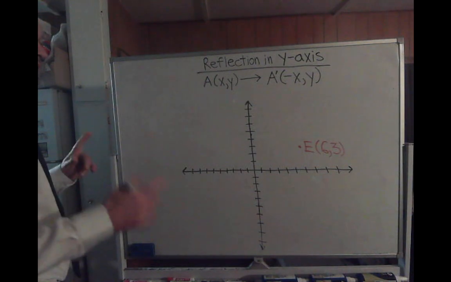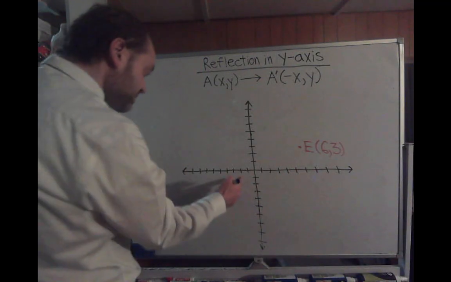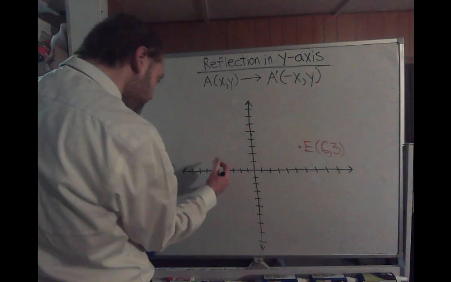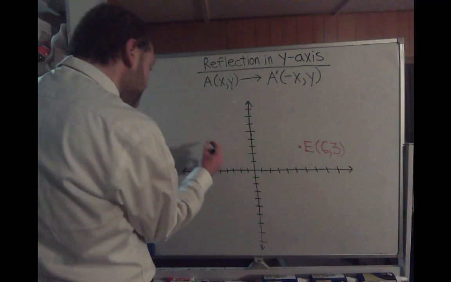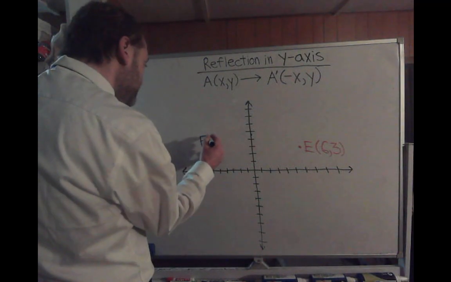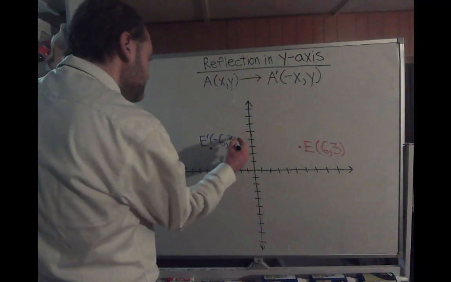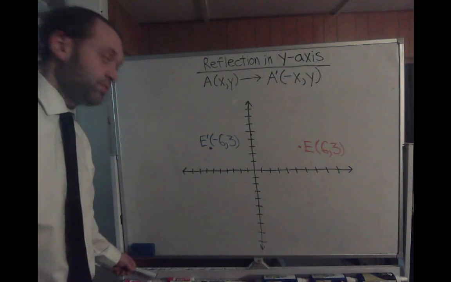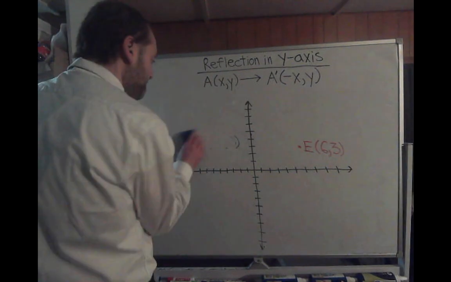So again, to reflect in the y-axis, I'll negate my x-coordinate of 6, which would actually put me at -6, but I leave the y-coordinate of 3 alone, which means I would get a coordinate of E prime at -6, 3. So E prime would be located at -6, 3 if I'm reflecting it in the y-axis.